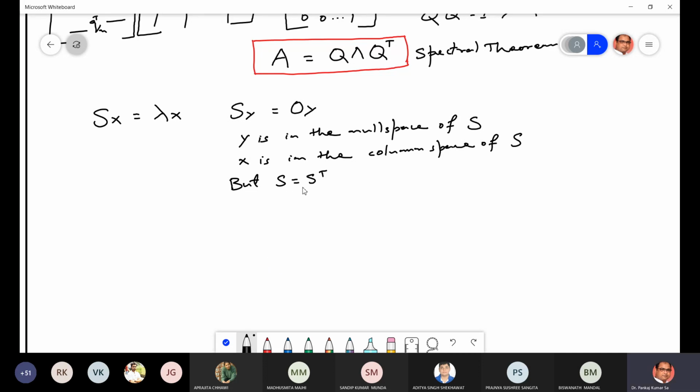So if S is symmetric, can we write that the column space of S is equal to the row space of S?